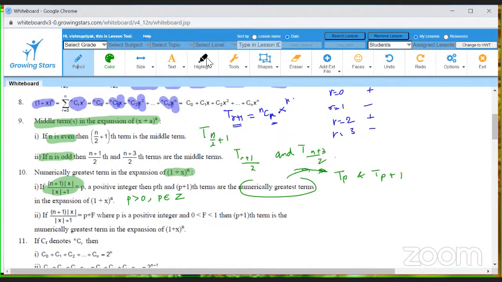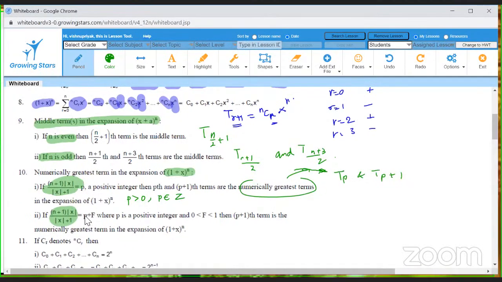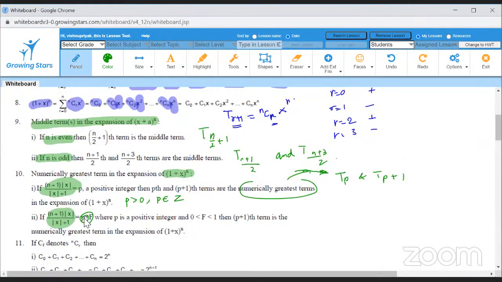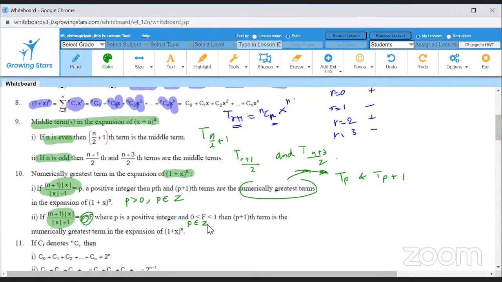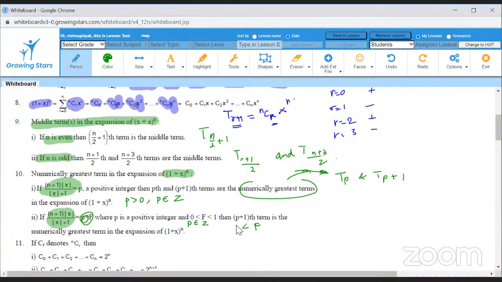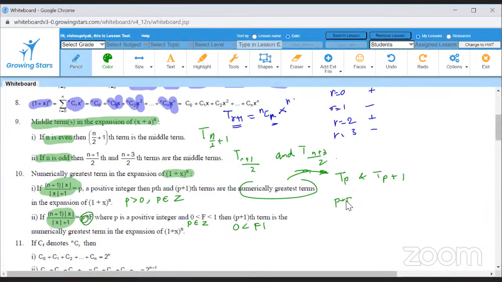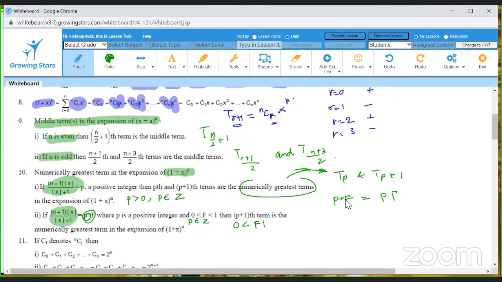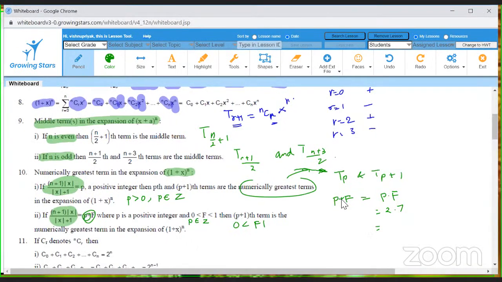But suppose when you find (n+1)|x| / (|x|+1), you get P + F as the answer, where P is an integer and F is between 0 and 1. So P + F means it will be like P point F, like 2.7 or 3.1.